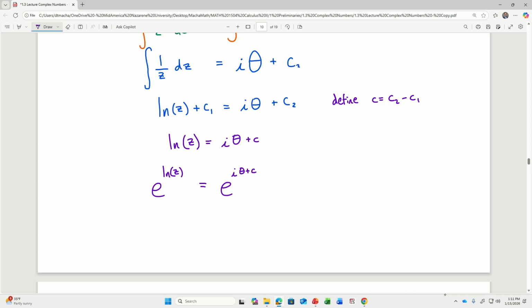On the left side, composing these two functions, they're going to cancel each other out because they are inverse functions. And on the right side, this is the same thing as e to the power c times e to the power I theta, because that's a property of exponents. If I'm adding up an exponent, I can just separate them.